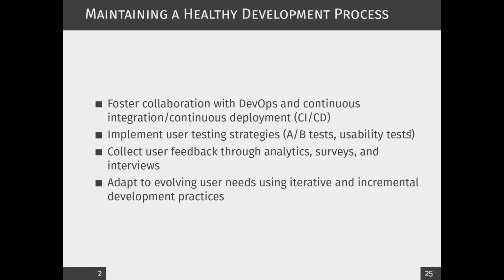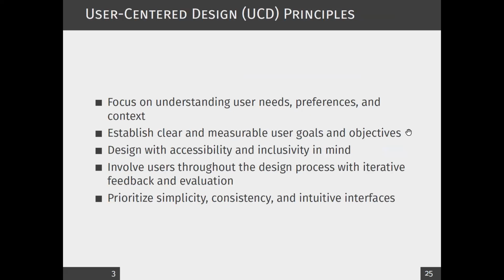That's what we discussed. You can use different user testing strategies, A/B testing and usability testing. Then you can collect user feedback using analytics, surveys, and interviews, and address those user needs using iterative and incremental development practices.